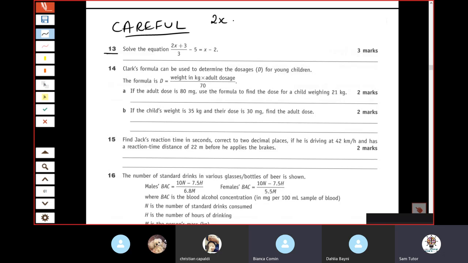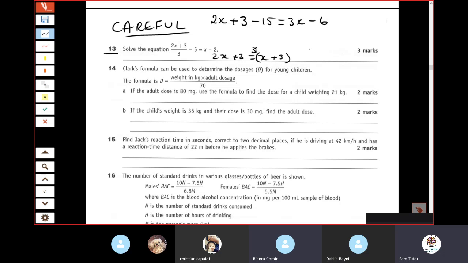My answer overall was -6. But what was your first line? So 2x plus 3 minus 15 equals 3 bracket x minus 2. Yeah, done. You would have done it right. And Dahlia, same thing for you. You would have got x minus 2 plus 5 is plus 3, and then you would have times it by 3.